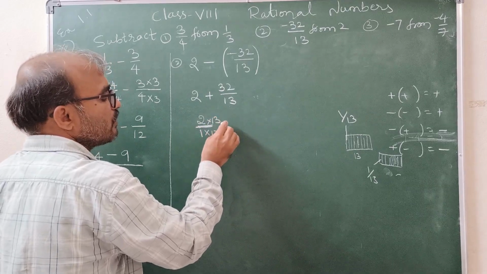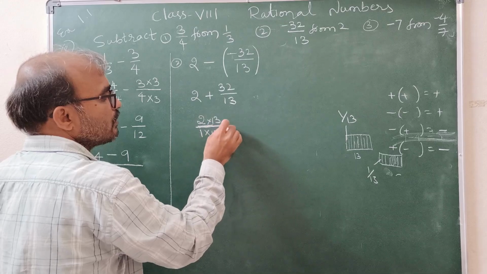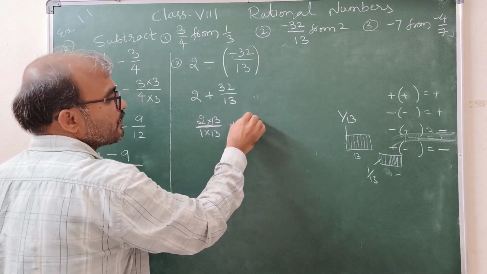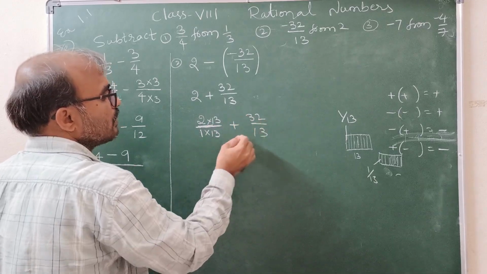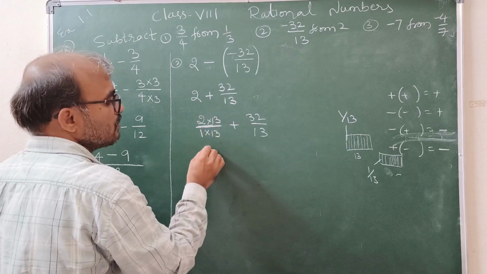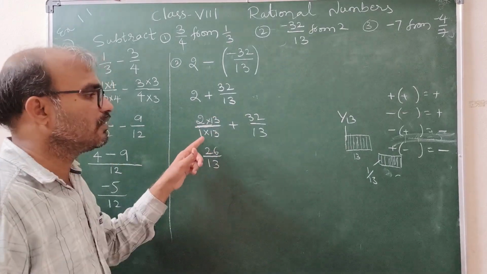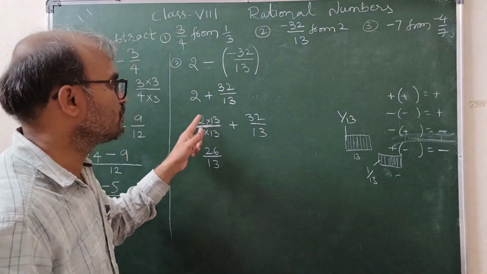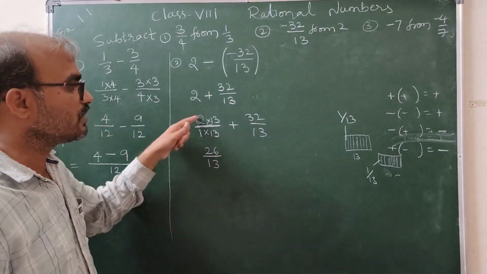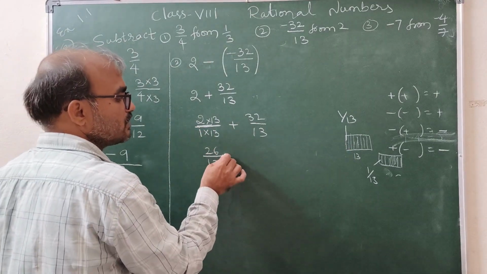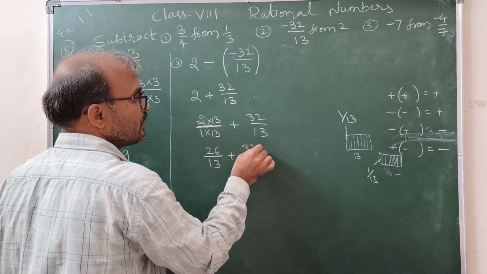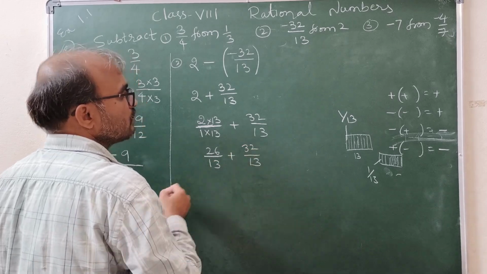As you are making one whole into 13 parts, 2 13s are 26, plus 32 by 13. That is, in one whole if you have 13 parts, in two wholes 26 parts will be there. That is what you got, 26 here, plus 32 by 13.